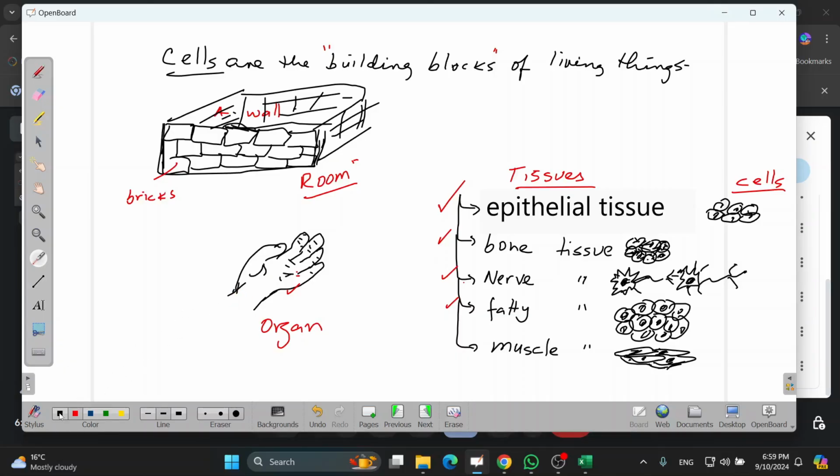Okay. And then if we put organs together, like for example, let's say you have your mouth, and then you have the esophagus, and then you have the stomach, and then the small intestine, and then the large intestine, right? And then the rectum and the anus.